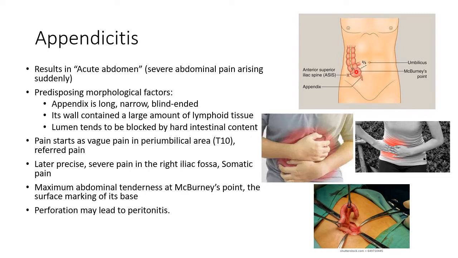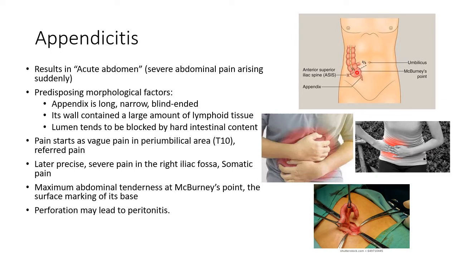So the base is always fixed, and the surface marking is McBurney's point. This is the site of maximum pain and tenderness. To locate McBurney's point, you just need to draw a line between the anterior superior iliac spine and the umbilicus, and then divide this distance into thirds.